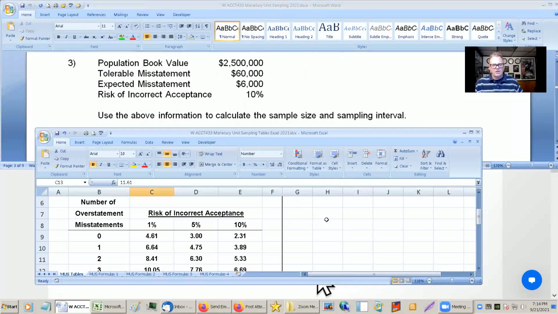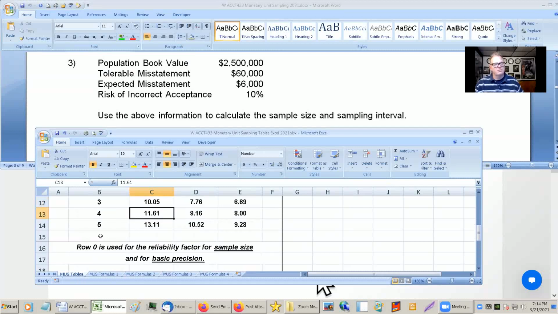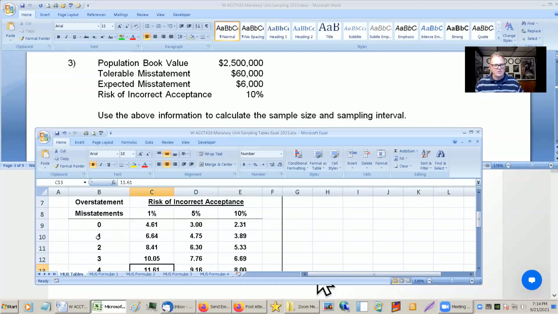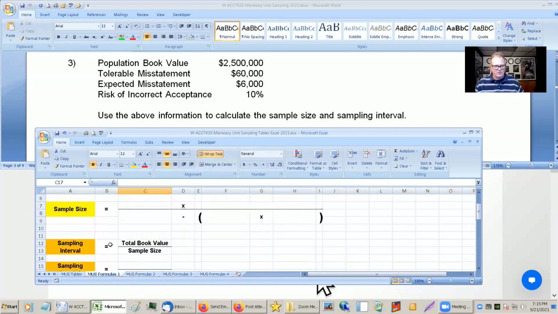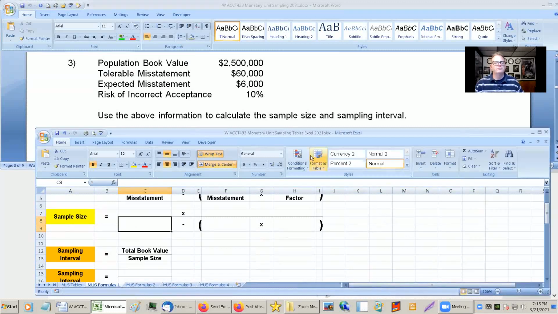Okay, so this table we have here, the first sheet has all the numbers for the tables. And then we have these formula sheets, which are all the same but for different things, and we can actually do them right in the Excel. But I'm hoping this works better.